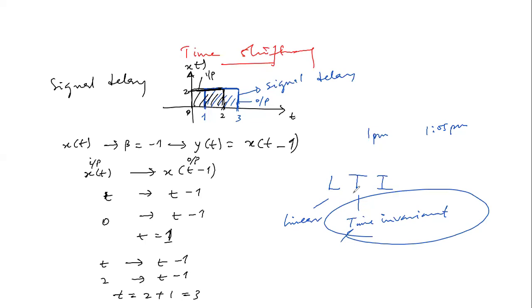At that point, it's not behaving as a linear system. So, like I said earlier, in practice, we do not really have absolute linear time invariant systems. It is more like an ideal approximation for practical systems. Is that okay?